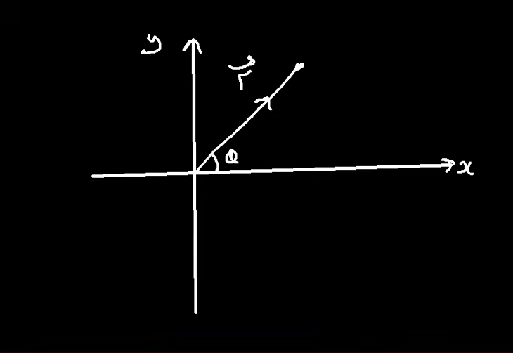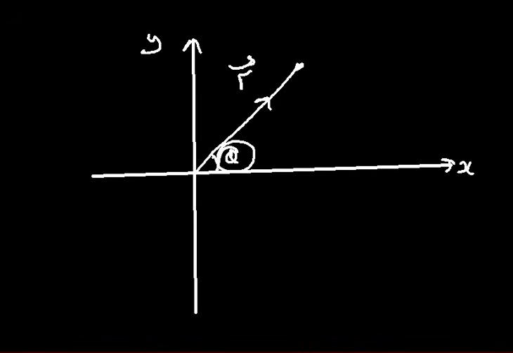In this case, this is the direction of the vector, as the vector is composed of a direction, and it also has a magnitude given by the length of the vector itself.